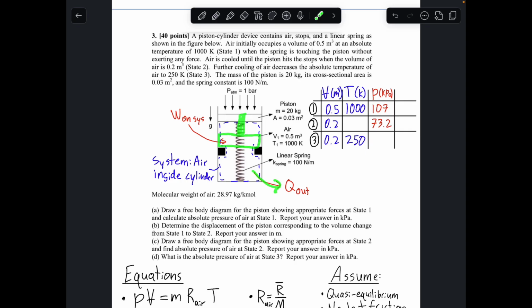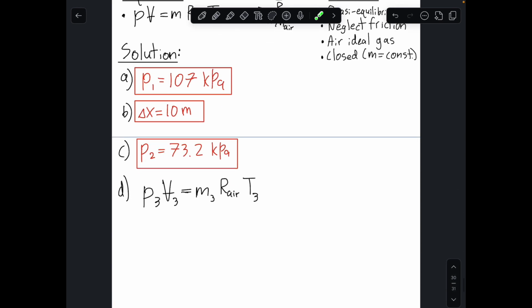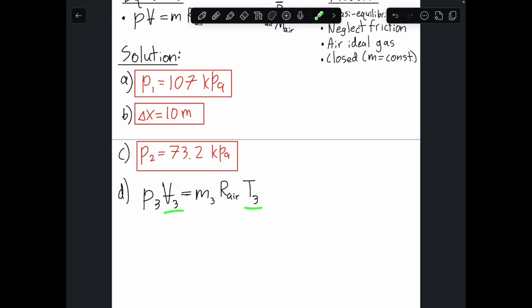So if they were taking heat out, the piston would want to go down even further, but because it's sitting on these stops here, it's not able to go down any further. So this volume, which is the volume at state 2, is going to be the same at state 2 as it is at state 3. So we do have V3 and we have T3. And we have R of air, we can calculate that.